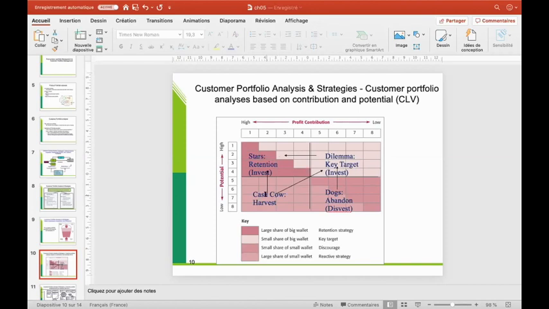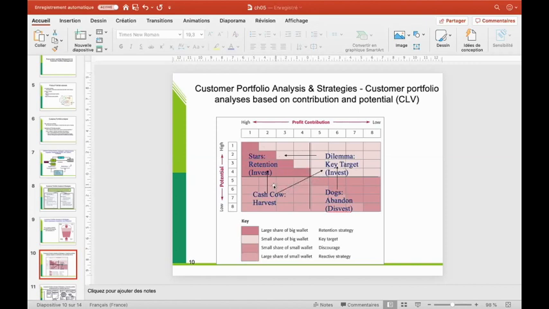You have the cash cows, who have a high contribution now, today, but a low potential in the future. So we have already achieved most with them. So the opportunities to increase benefits for cash cows are low. So the strategy is to harvest in order to invest the cash flow into the dilemmas, but also in the stars.